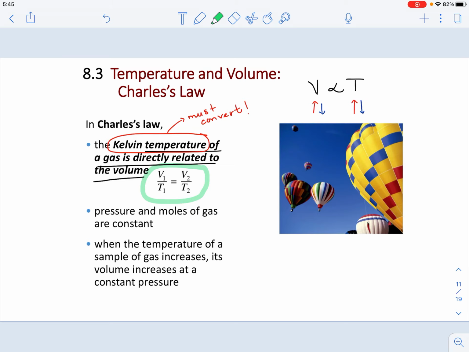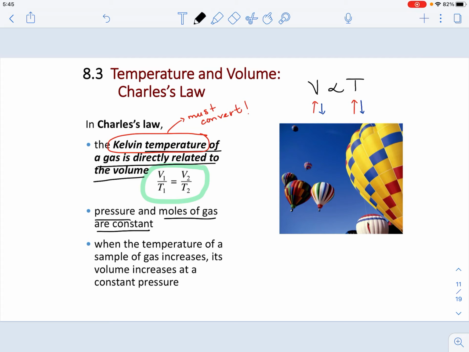Remember that for Charles law to be true, we need to be at a constant pressure and number of moles. Because remember, out of the 4 different properties that we have for gases, 2 must be constant in order for this law to be true.